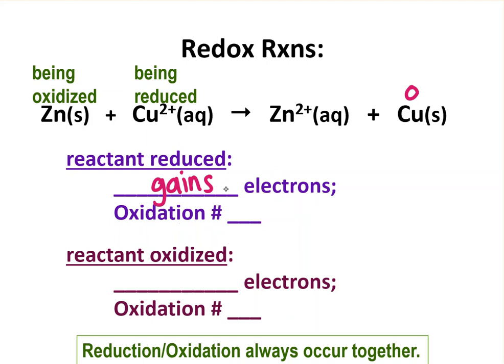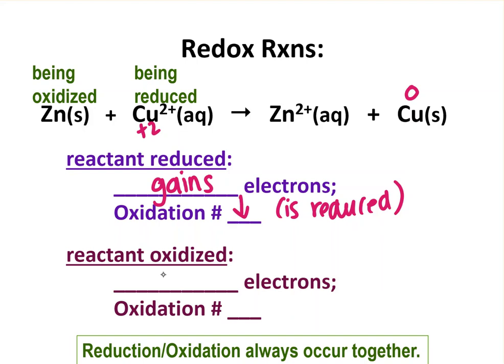How I remember that reduced means gaining electrons is that its oxidation number is reduced. So if I'm trying to spot it, I look at the one whose oxidation number went down. That's how I remember which one is which.